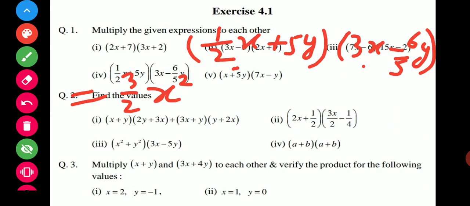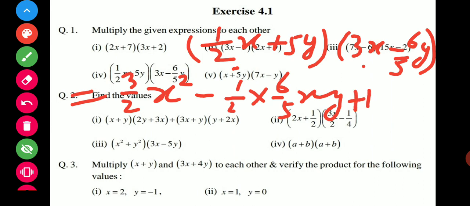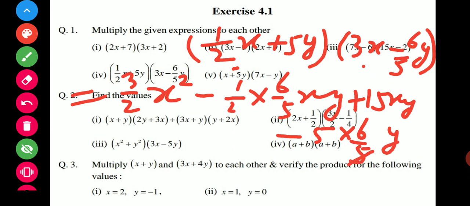Now 1 by 2 multiplied to this, minus 1 by 2 into 6 upon 5, that is xy, and here is 5 3 ja 15 plus 15xy, and it becomes minus 5 into 6 upon 5y. 5 cancel out, as is 2 1 ja 2 2 3 ja, and so on.